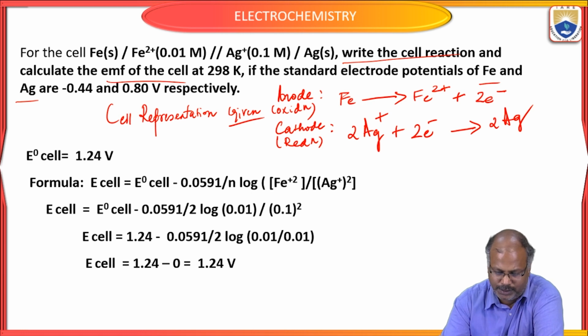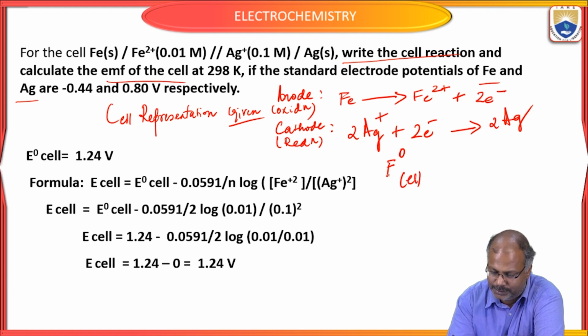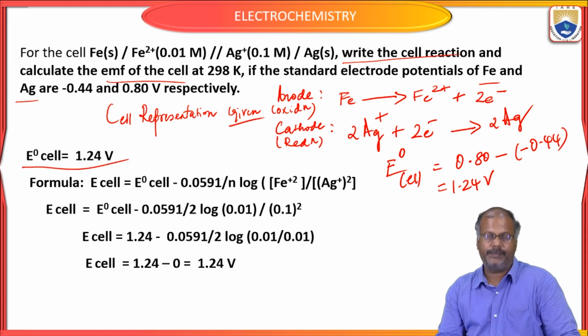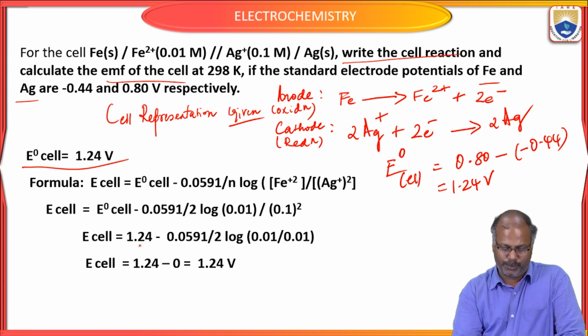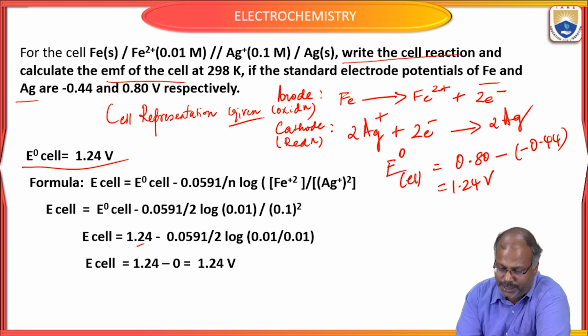Okay. So now standard EMF of the cell is equal to reduction 0.80 minus of minus 0.44, which is equal to 1.24 volts, that is written here. So now E cell is equal to 1.24 minus logarithmic of iron 0.01 by Ag plus square, because 2 is there, so this 2 will go as a power when it comes to concentration.